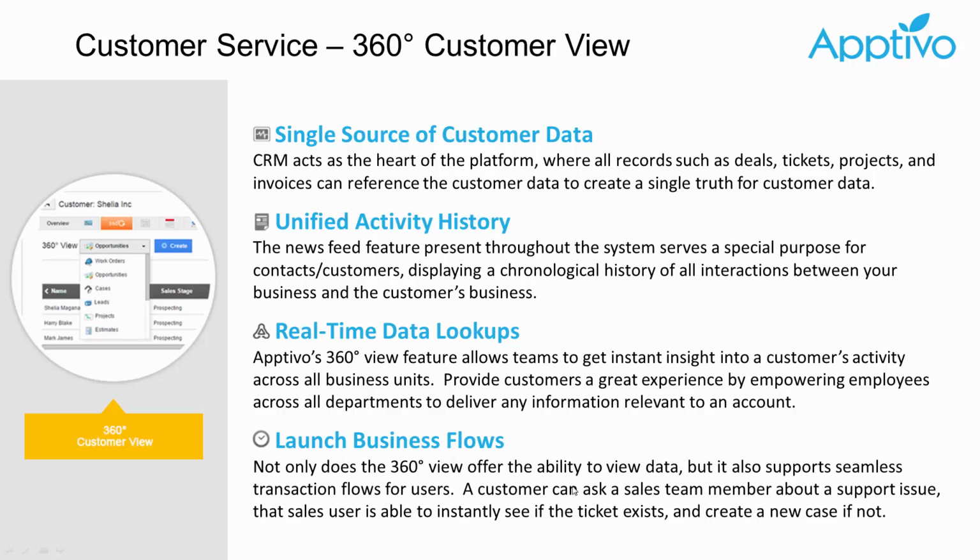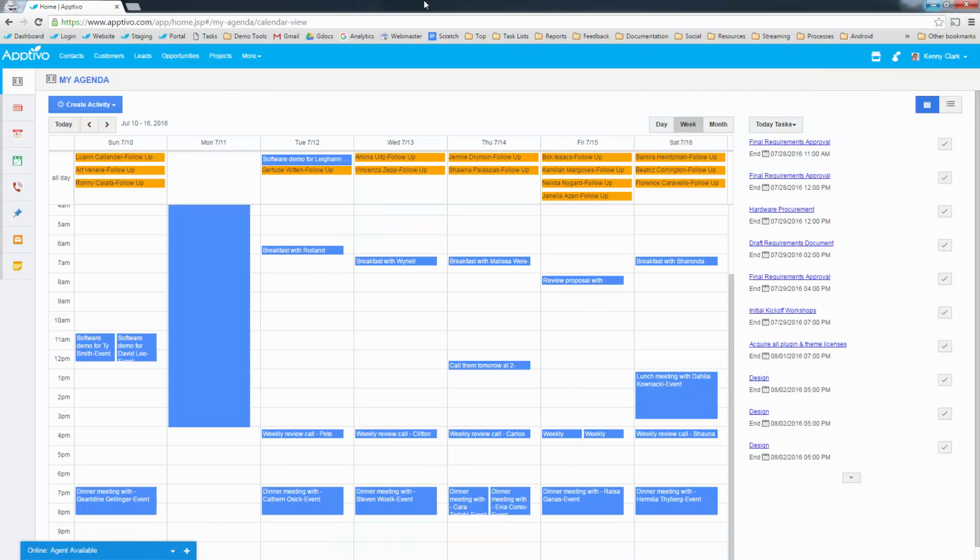So that's what Apptivo is all about, giving visibility for both teams to see what the other's doing, and also being able to leverage what each other's doing, reusing information and linking information together rather than duplicating it across systems.